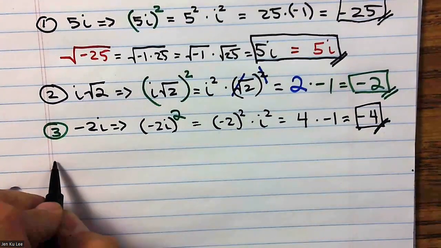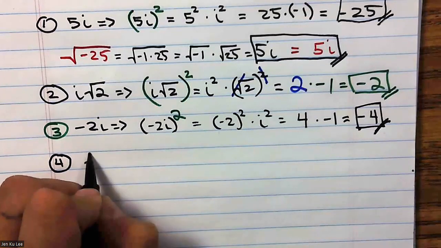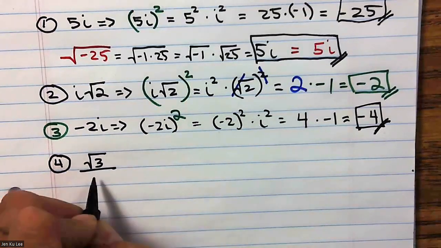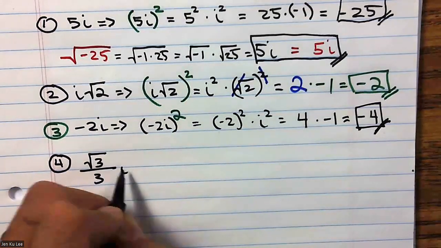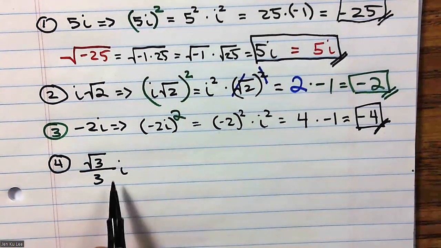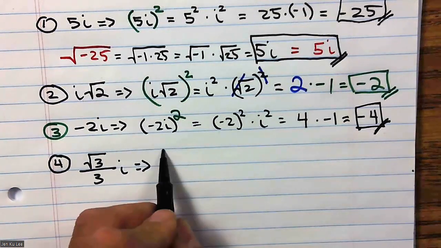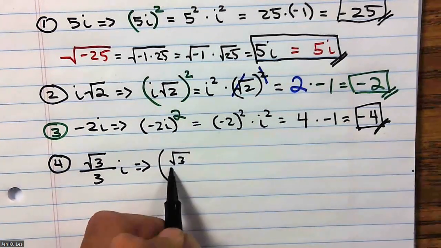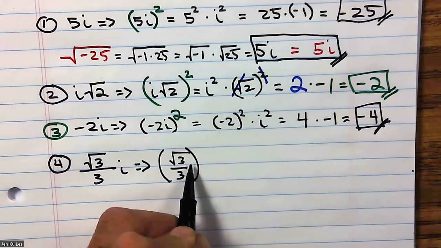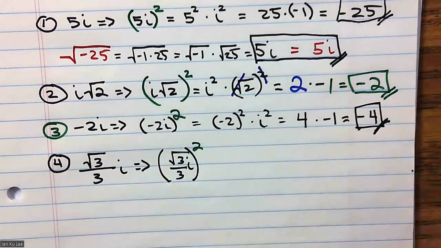And in the fourth and final example of this set of directions, square root of 3 over 3, i. If I square this, right?